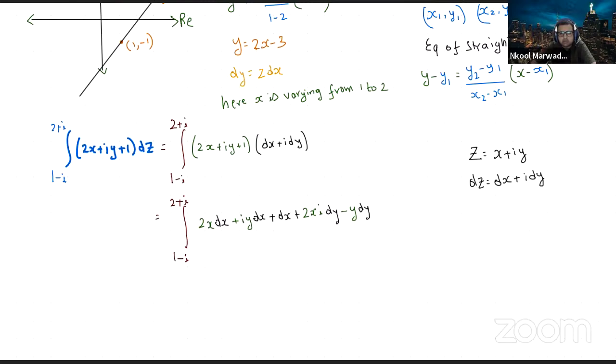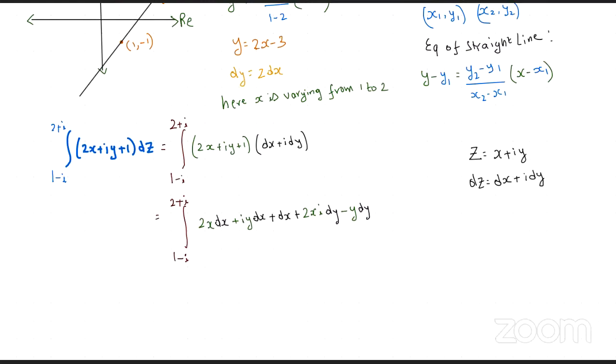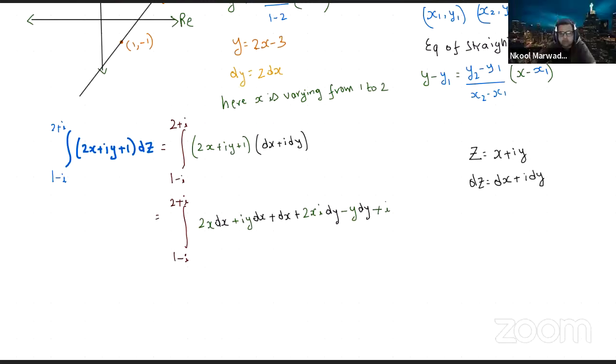The idea is that if you multiply i and iy, i squared will become minus 1 and y is already there, so minus y dy it will become.